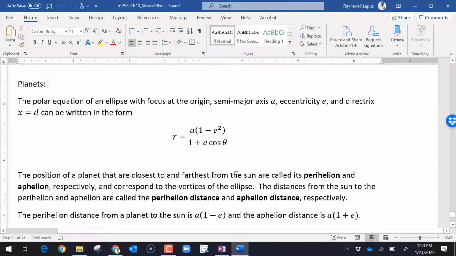Planets can usually be described in polar coordinates, and here they introduce another set of vocabulary words.